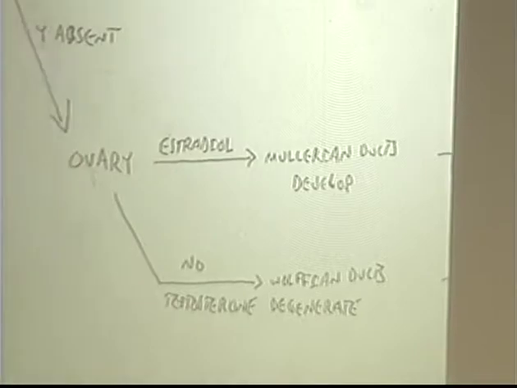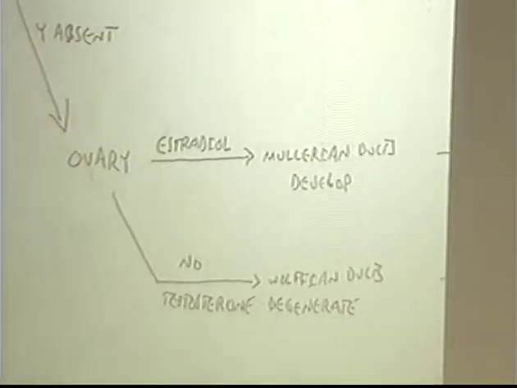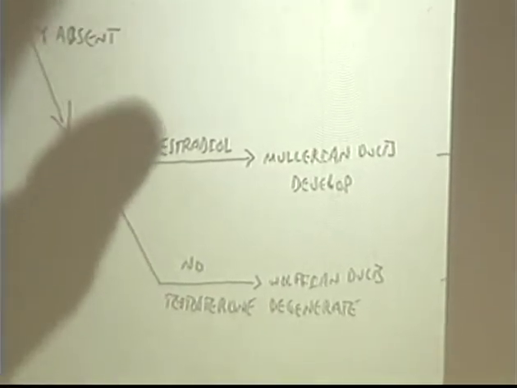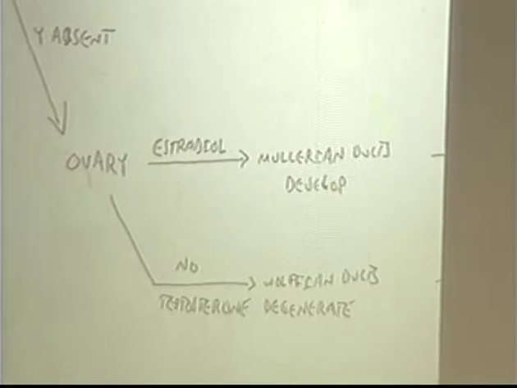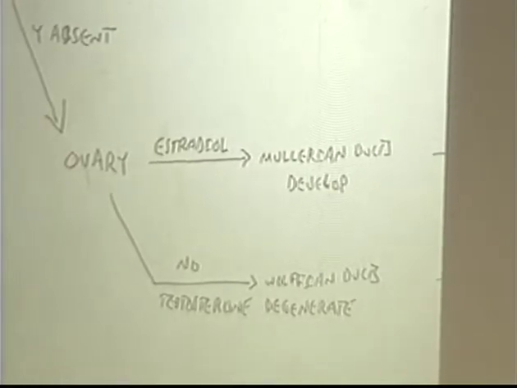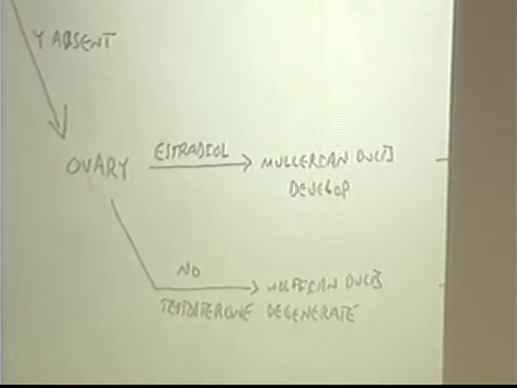Okay, so the testis versus ovary decision is an important one. Another thing is important in this process. Okay, testosterone is acting through a receptor protein, a protein that binds to testosterone and acknowledges, in a sense, chemically, that testosterone is present.